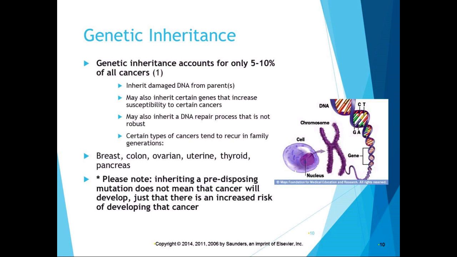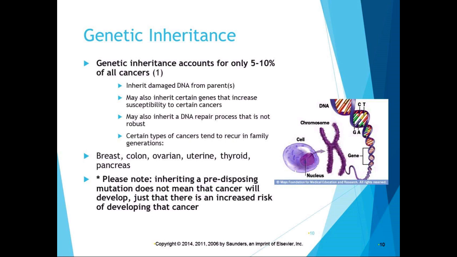You might also inherit a DNA repair process that is just not that robust, so it doesn't find those mutations or copy errors and correct them. There are certain types of cancer that tend to recur in family generations: breast cancer, colon cancer, ovarian cancer, uterine cancer, thyroid cancer, and pancreatic cancer.